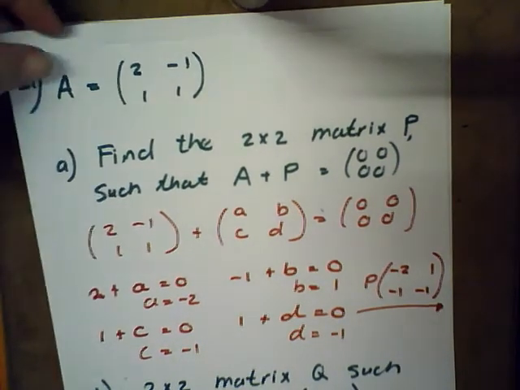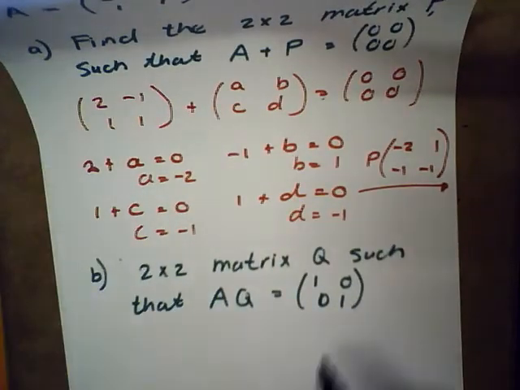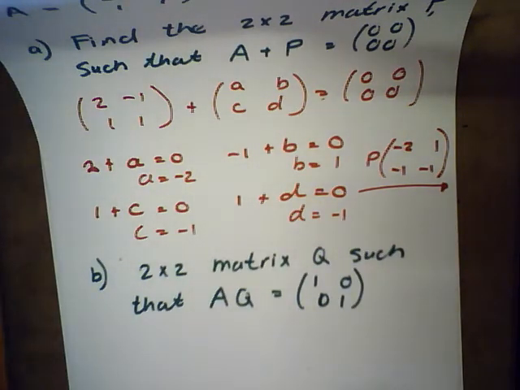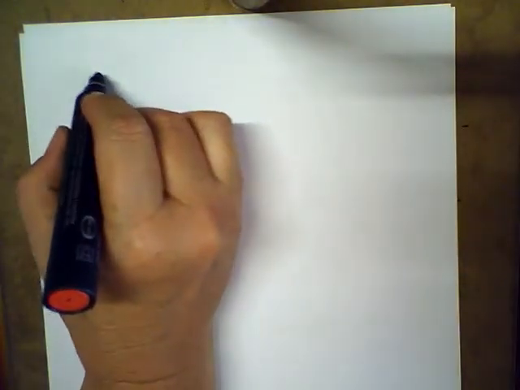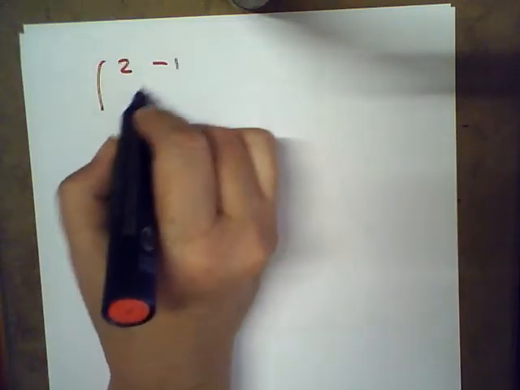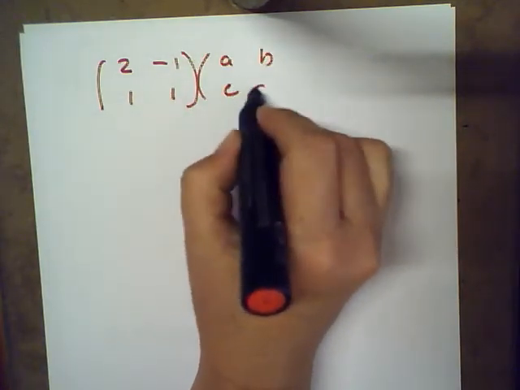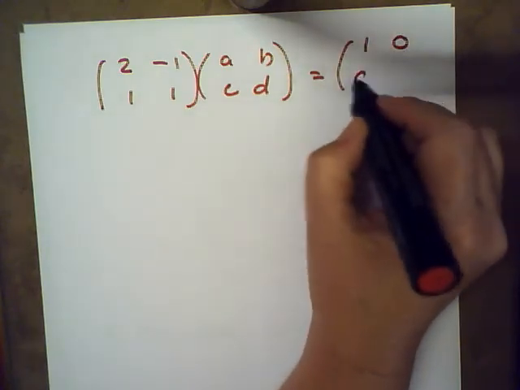Okay, so the 2 by 2 matrix Q such that AQ equals 1, 0, 0, 1. Just get a clean sheet of paper here. There you go. So it's a 2 by 2 matrix. It means matrix multiplication. So 2, negative 1, 1, 1, and we multiply it with a, b, c, d. And the result should give us 1, 0, 0, 1.